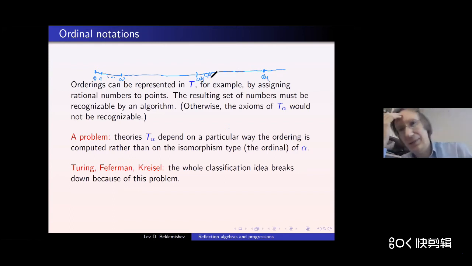It was first identified by Church and Kleene in their work on ordinal notations. It is well known that this ordinal indeed has to exist. It cannot itself be computable, but it is the supremum of all computable ordinals. So for every ordinal below omega 1 Church-Kleene, there is a computable system of notation, and for every ordinal above, there is none. Okay, thank you. So that's the answer to your question.